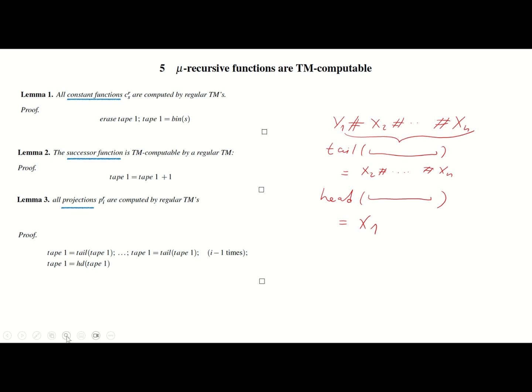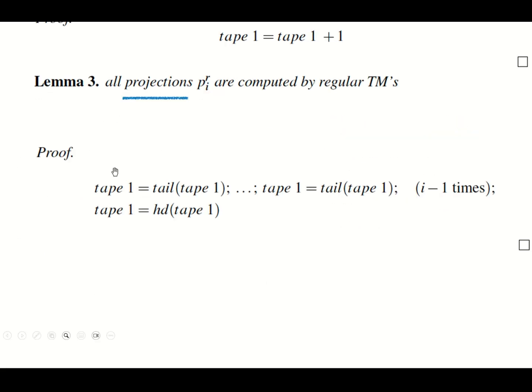So then what will be the projection Turing machine? This will be the Turing machine that outputs the tail. So you erase x1, then you concatenate with the machine and you keep on doing this i minus 1 times. You erase x1, erase x2, erase x3, and now you're at i.